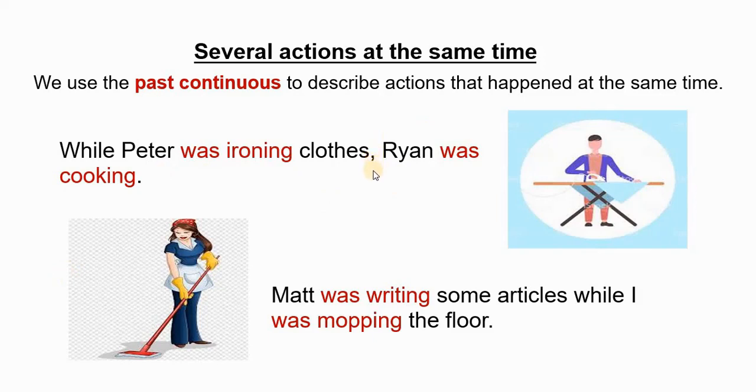But here, if we have while in the second part, there is no comma. While Peter was ironing clothes, so we have to write a comma because there is a pause. But if while is in the middle, no need to write the comma. If while is in the second part of the sentence, there is no comma. Alright?